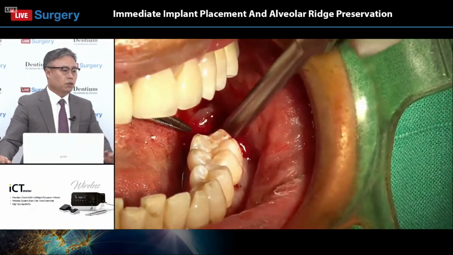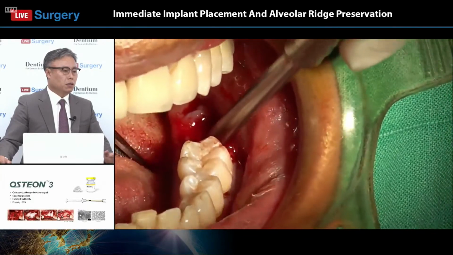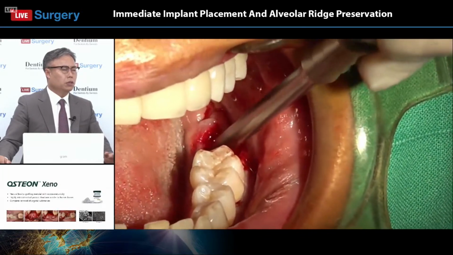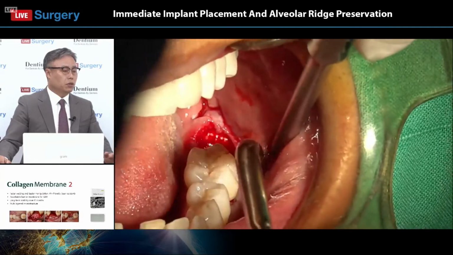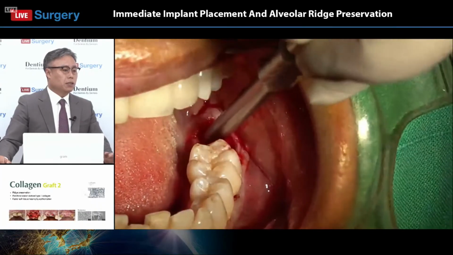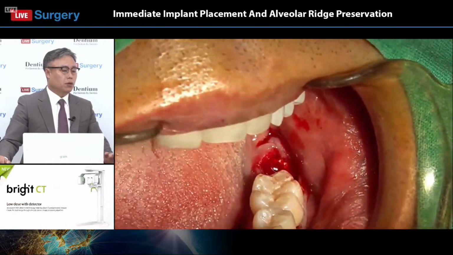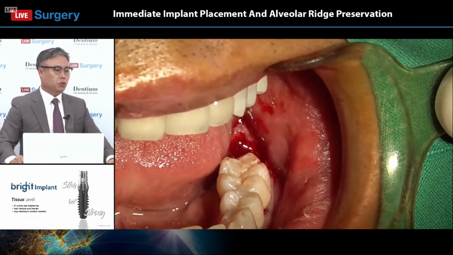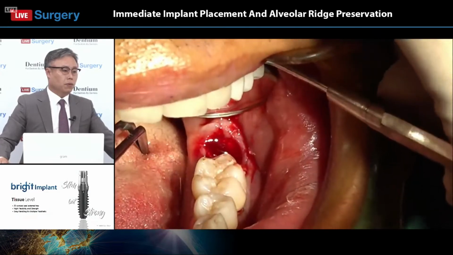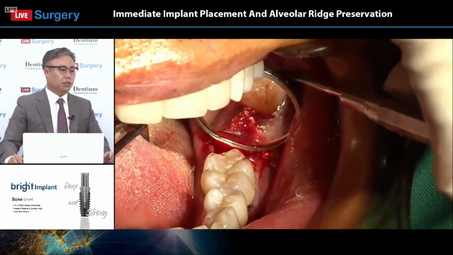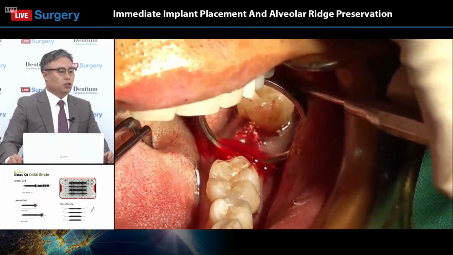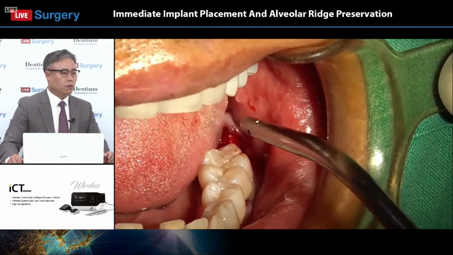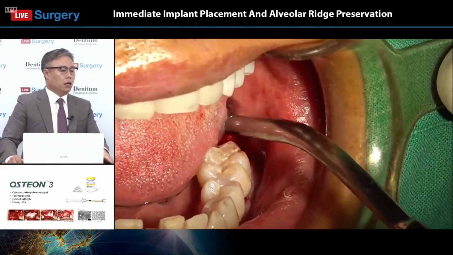I think his preference was using saline and metronidazole solution to minimize infection in that area, because this extraction socket is a damaged socket, and there is some chance of infection. Therefore, he chose to soak the bone graft material with that solution.